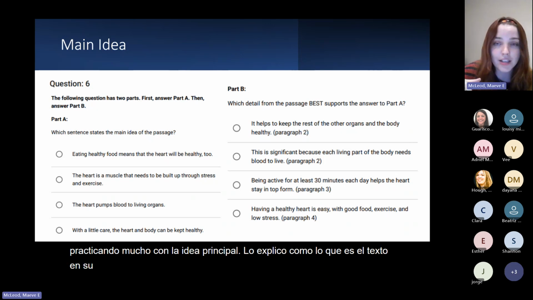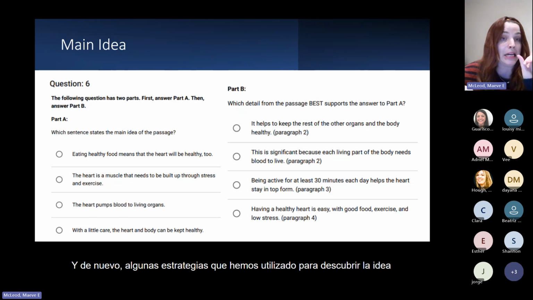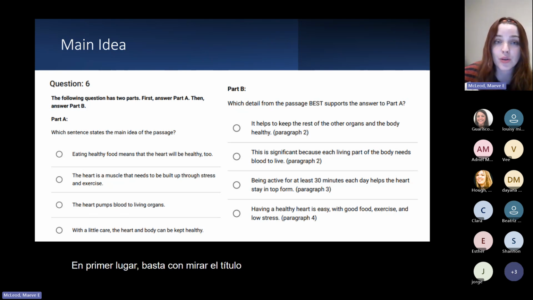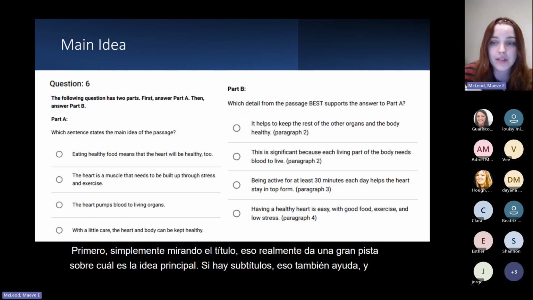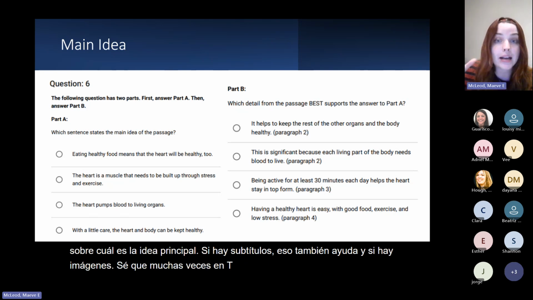And again, some strategies that we've used to figure out the main idea is, what I just said, first, simply looking at the title. That really gives a big hint as to what the main idea is. If there are subheadings, that also helps. And if there are pictures, I know a lot of the times in TCAP and the benchmark, the passages will have pictures to support.